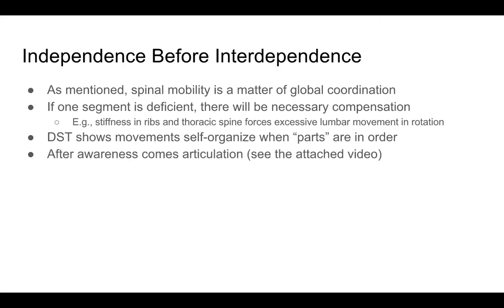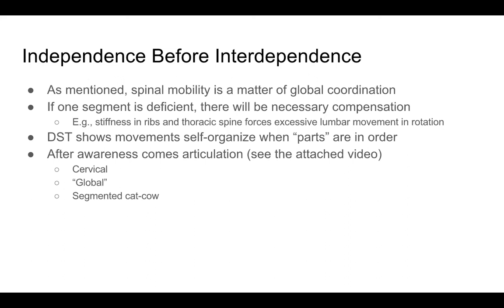And so, of course, after awareness comes articulation. We've gone through a few of those articulation practices in the more somatic sense in the prior exercises. But in the attached video, you'll see a few examples of what we would call controlled articular rotations that are specifically geared toward helping us increase the independence of the joints.